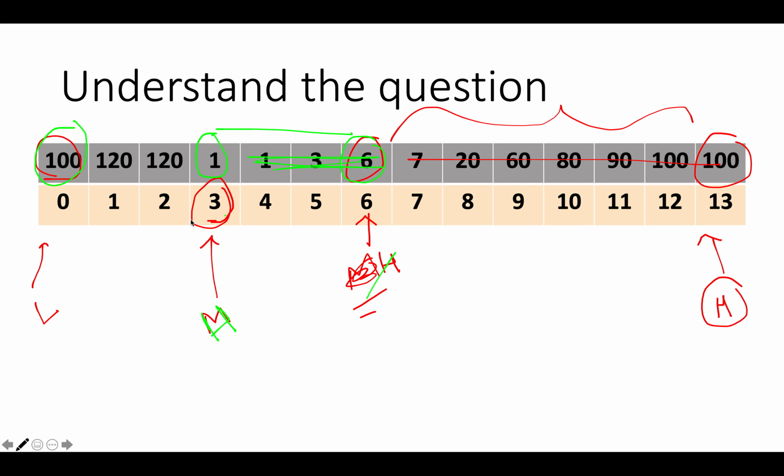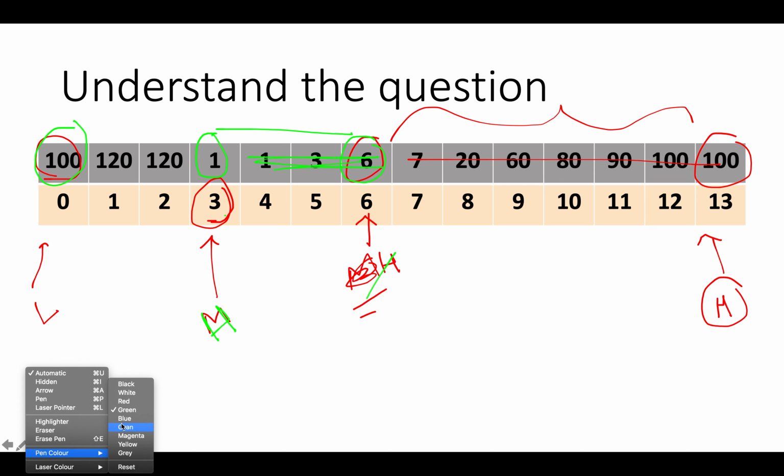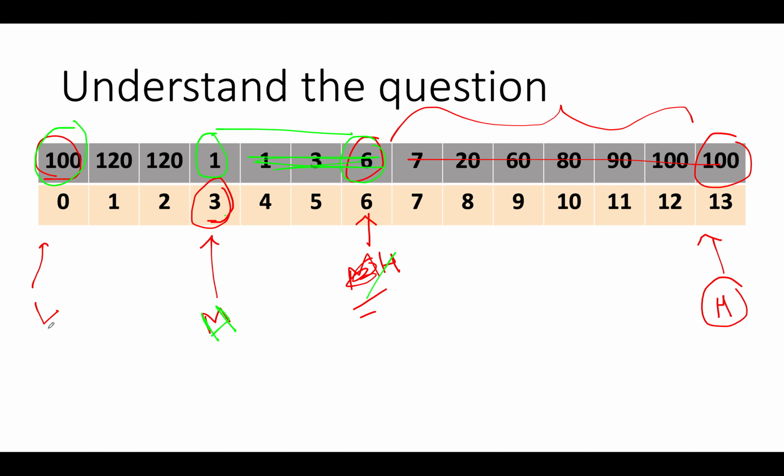Let's continue the iteration, and this time let's take blue. We have low at 0, high at 3. Let's find the middle element: 0 plus 3 by 2 is 1. So 1 turns out to be the middle element. What can we say for sure?